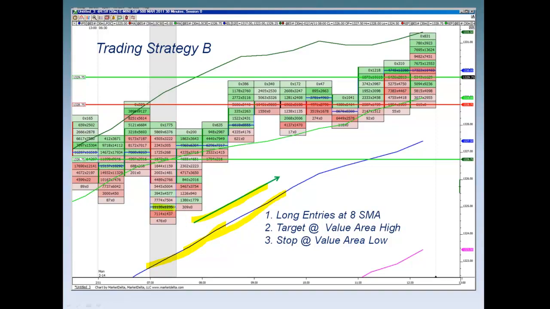So if I don't take this trade and I continue to watch the market and I see now that prices have made it above the 8 simple moving average, and every time they come to the 8 they move back up again. Okay, well then I wait for it at the 8 simple moving average and I just take little entries at the 8. Buy here, buy here, buy here, buy here, and then take it up for perhaps 2 or 3 ticks. These are scalping strategies.